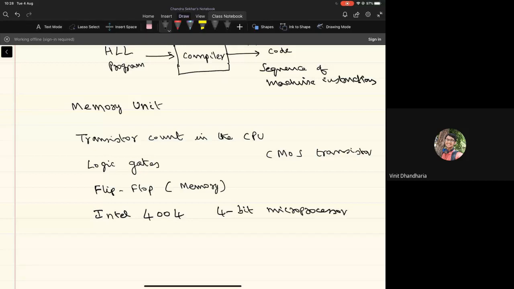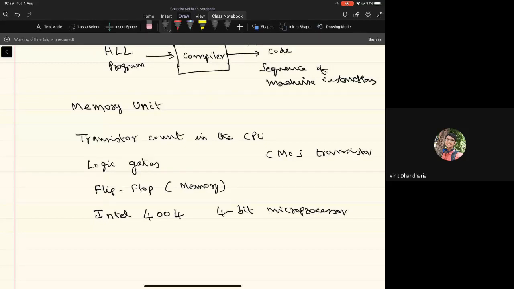As the name itself indicates, the type of data that can be processed by this microprocessor is limited to only 4-bit data. But those who have written programs in C language know that we don't have a way of representing 4-bit data. The minimum size we can represent in C is actually 8-bit data, which is a byte type data, or a character type data.